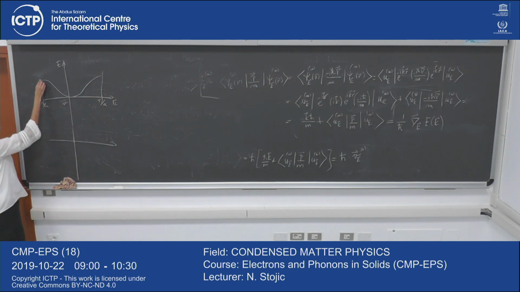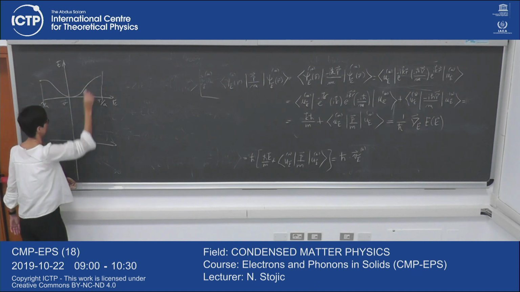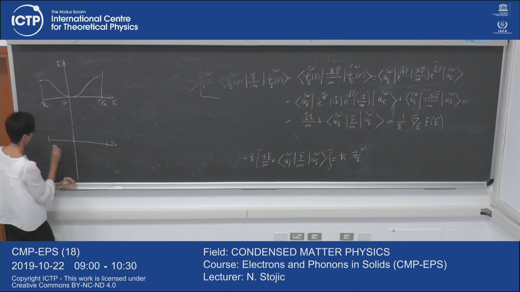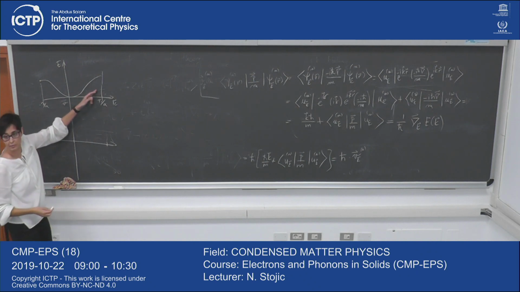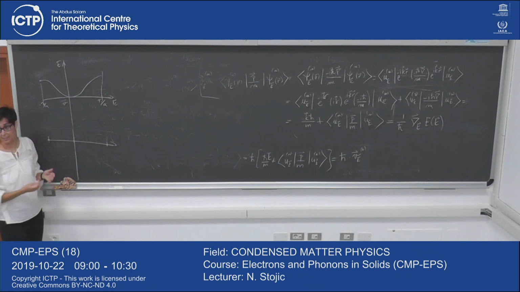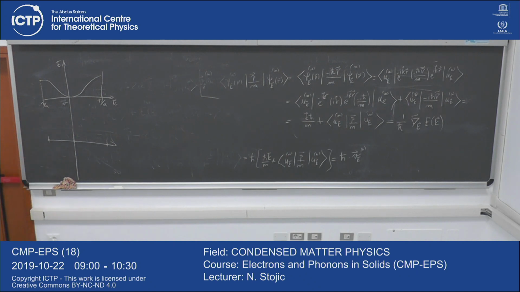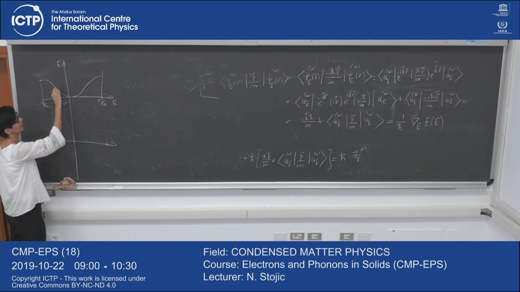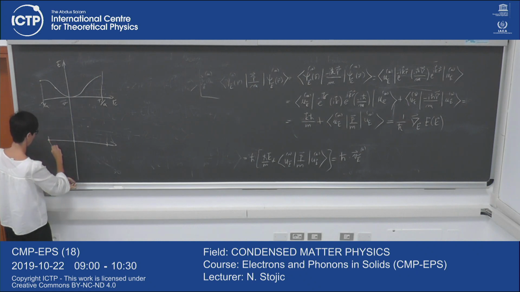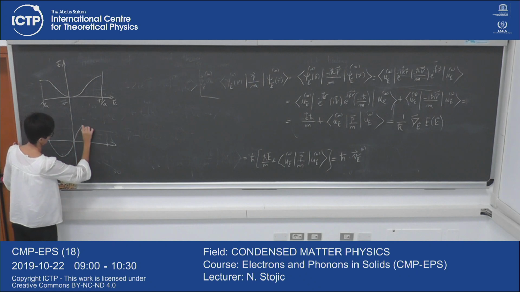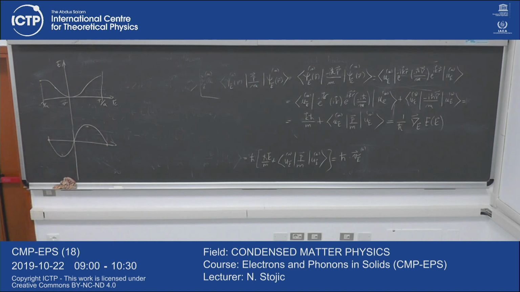These are the boundaries. Here the band is going down, it is decreasing with k, so the velocity has to be negative. Here it's positive. So positive and negative. It becomes asymmetric with respect to the gamma point. And here is the point of inflection, which will give the maximum in both cases. So I'll have a maximum here and a maximum here. This is the velocity.